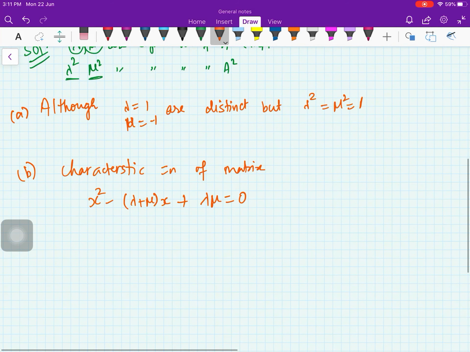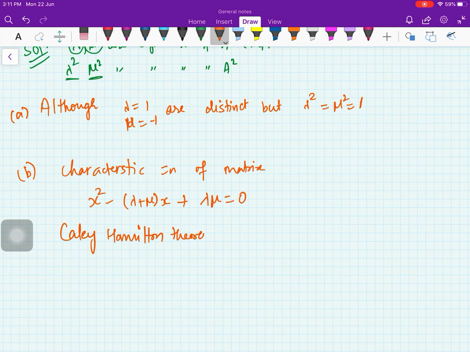This is the characteristic equation of A, and by Cayley-Hamilton theorem A will satisfy this equation. Therefore you have A square minus lambda plus mu into A plus lambda mu I equal to 0.